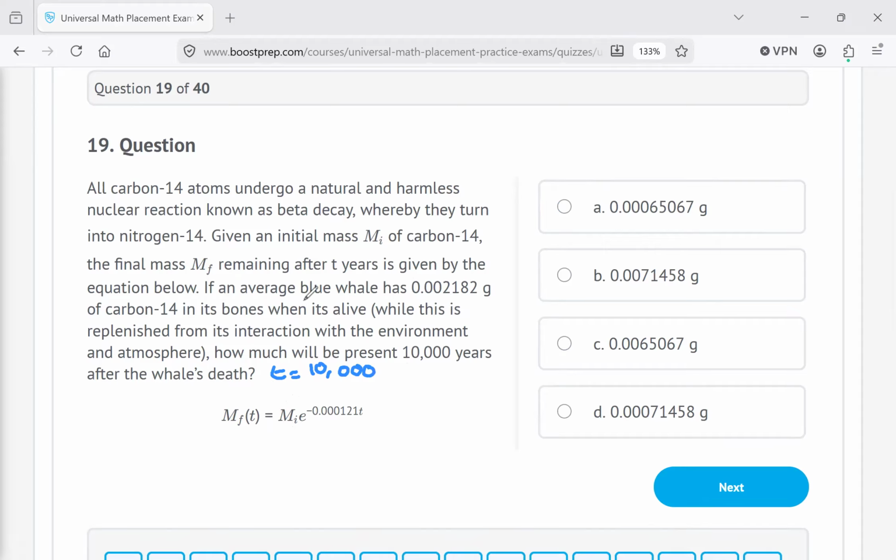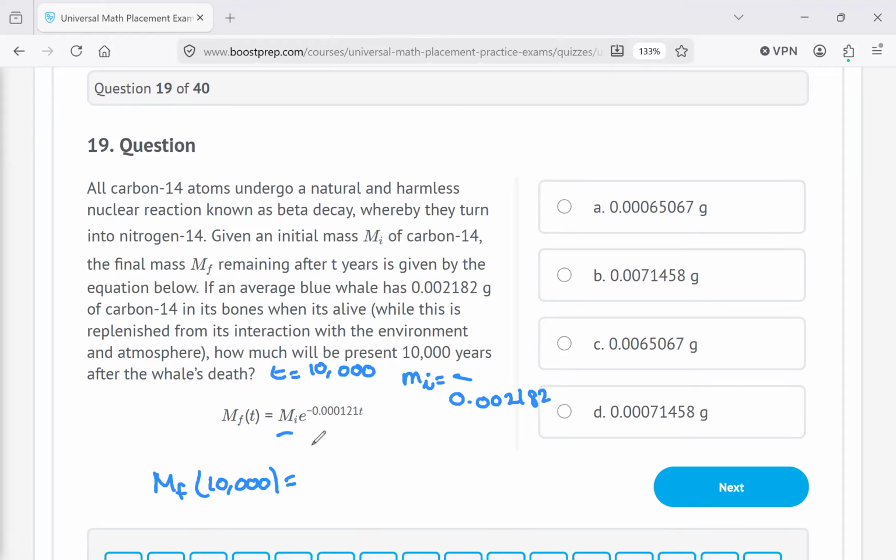Yes, an average blue whale has 0.02182 grams, so that's your Mi. So it's just Mf of t, where t is 10,000.